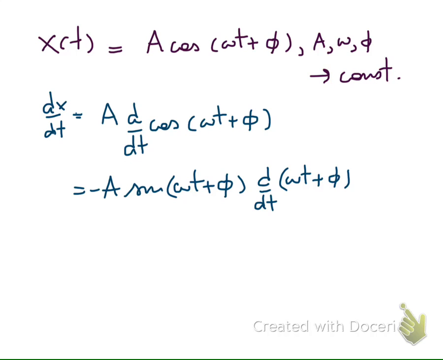As omega and phi are constants, the last derivative gives us omega. So the first derivative of x with respect to t is equal to minus omega a sin(omega t plus phi).